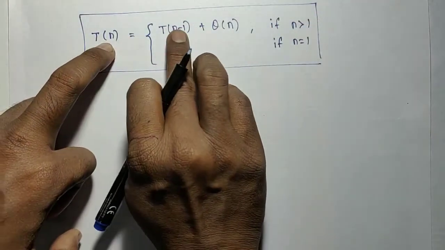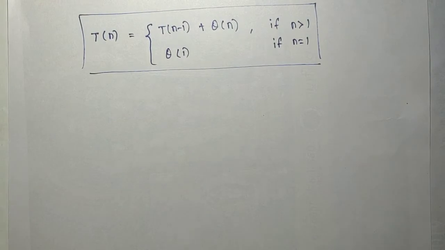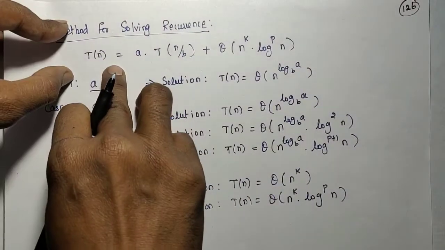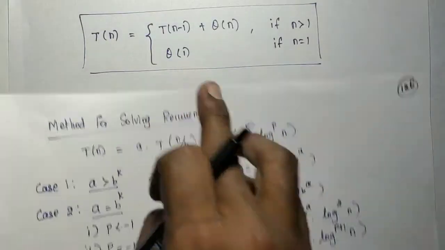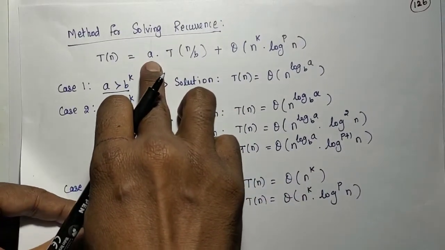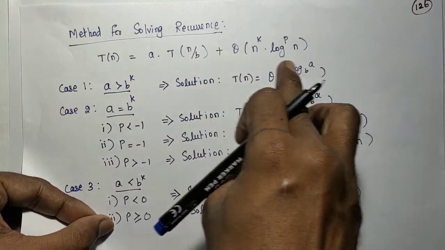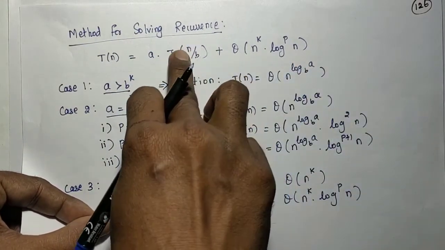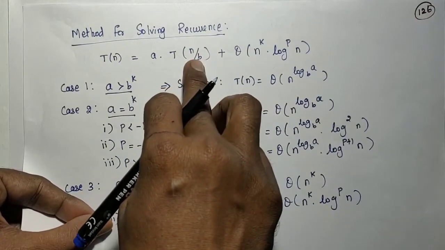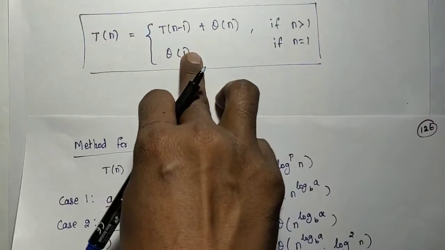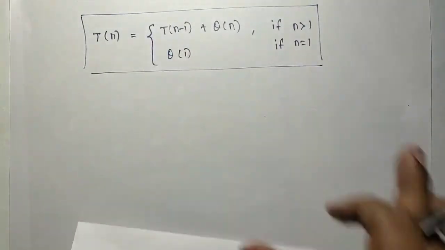It is T(n-1) + Θ(n), so we cannot apply it here.